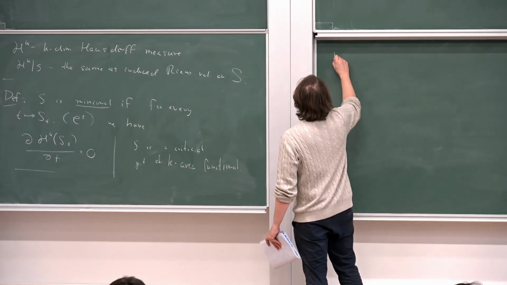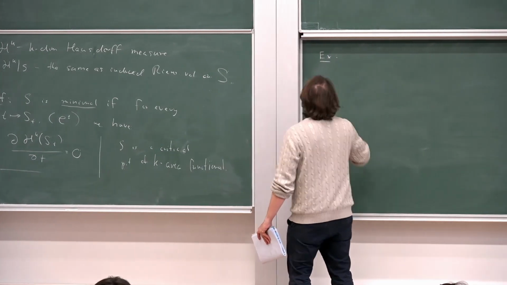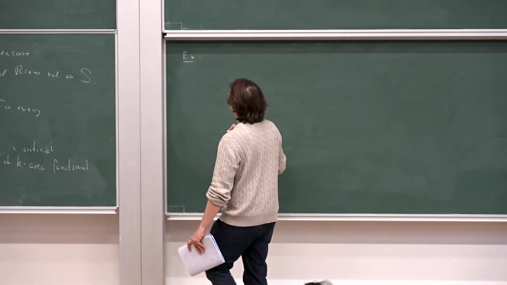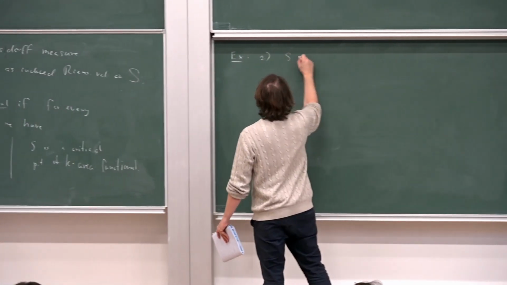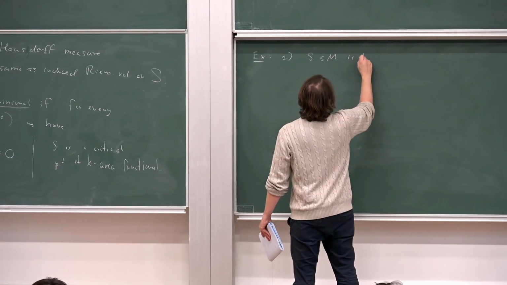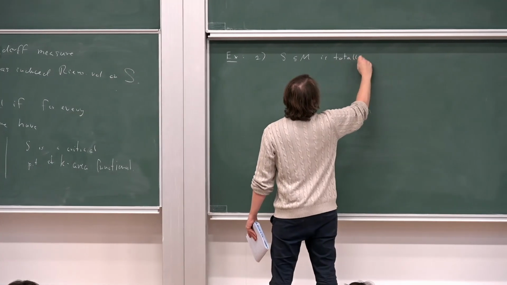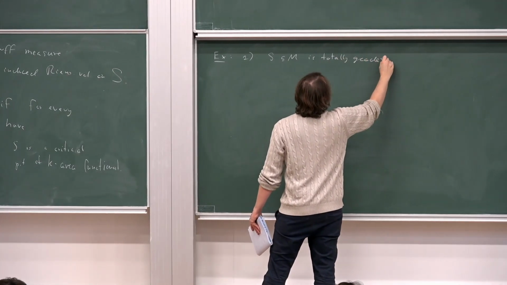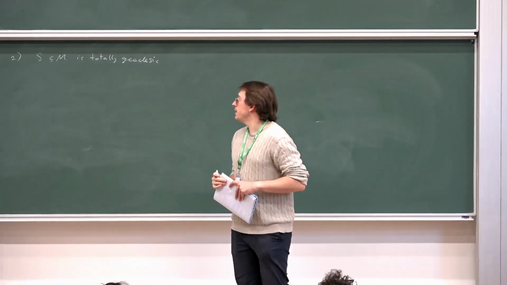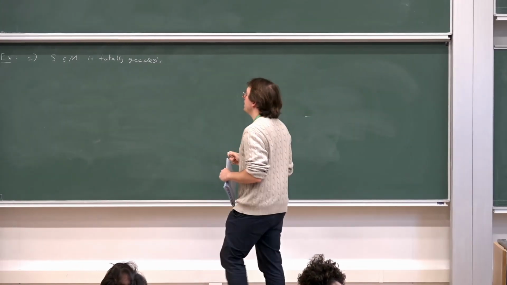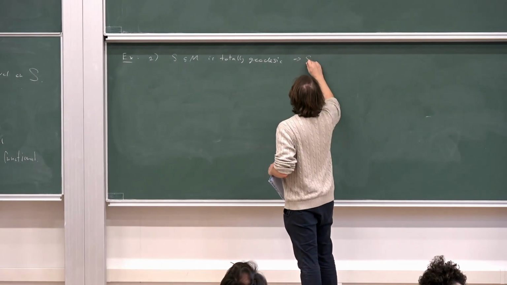What are examples of such manifolds? So first, if S in M is totally geodesic, that means that every geodesic inside S is also a geodesic inside M, then it follows that S is minimal.